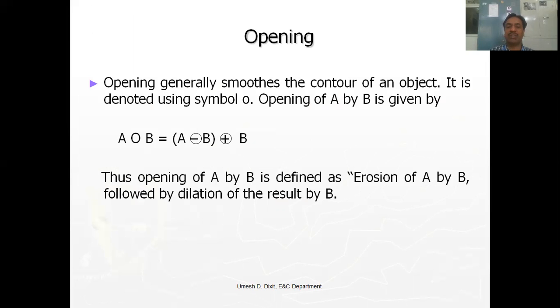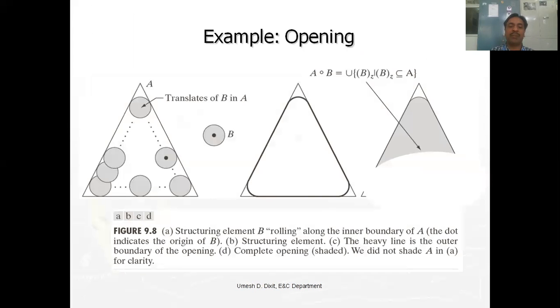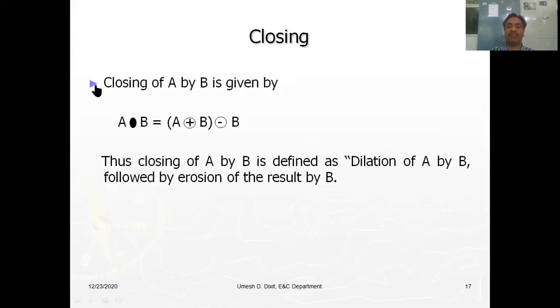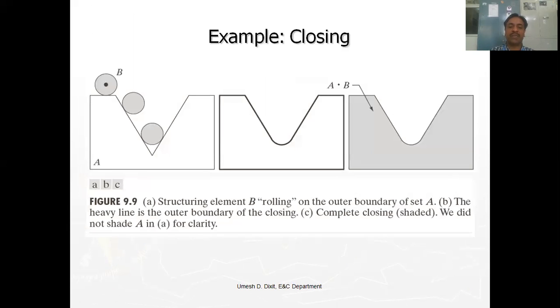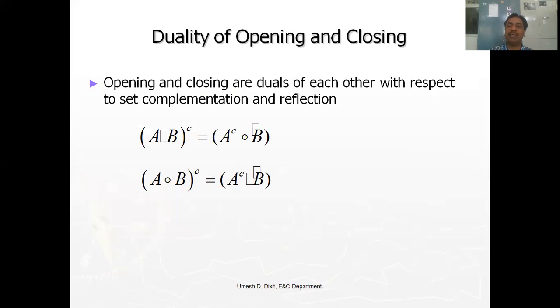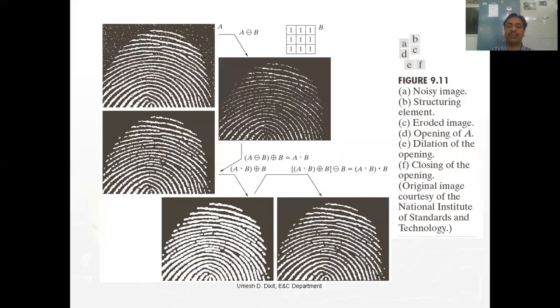It is defined as erosion of A by B followed by dilation of the result by B, and can be thought of as rolling the structuring element inside the original image A. Then we discussed the closing operation, defined as dilation of A by B followed by erosion of the result by B, which can be thought of as rolling the structuring element on the outer boundary of the set A. Opening and closing are dual operations, complementary to each other.